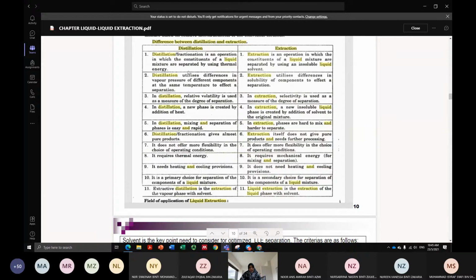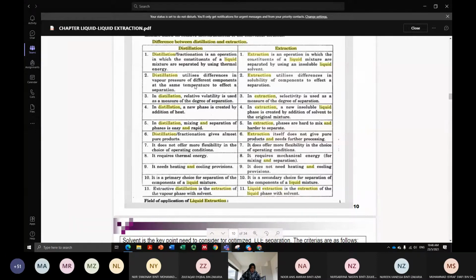Distillation works due to the difference in boiling point to separate the components, so you have a binary mixture and need a difference in boiling point to separate the components.